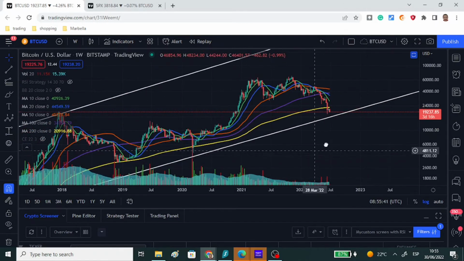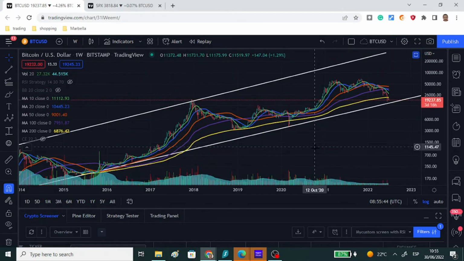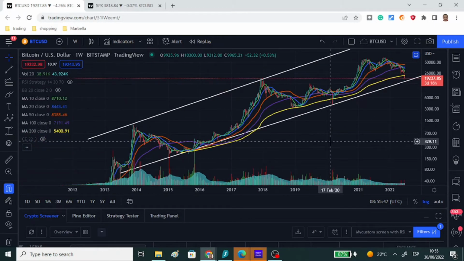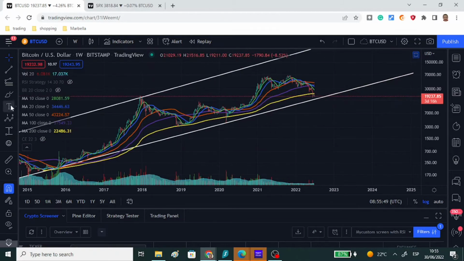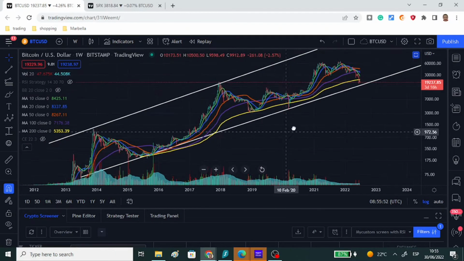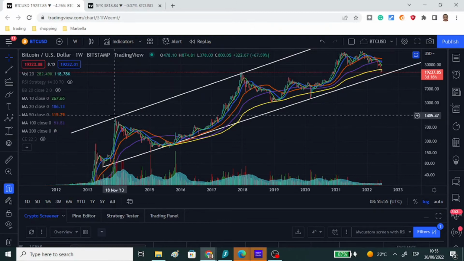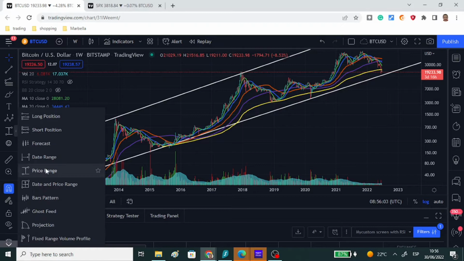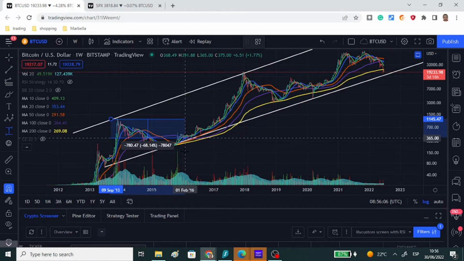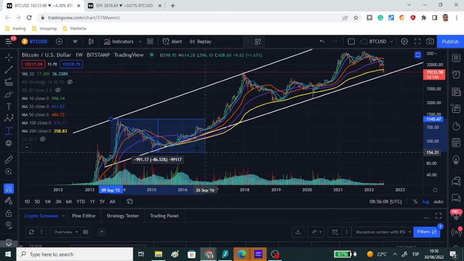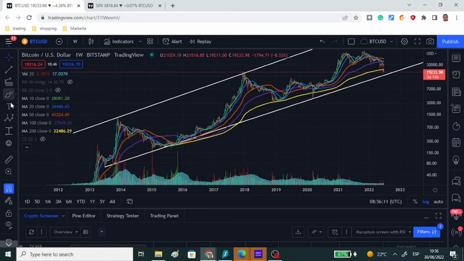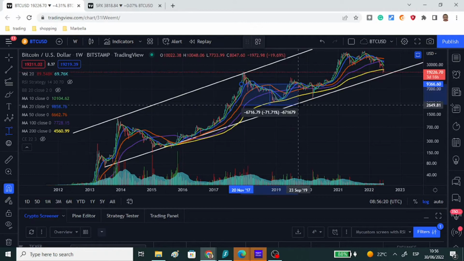For those of you who are new, this is not the first time that Bitcoin has dropped significantly. The last two drops, like bearish markets, was from here back to 2013. It dropped something like, let's have a look here, price range, 85% here toward the end of December 2010.